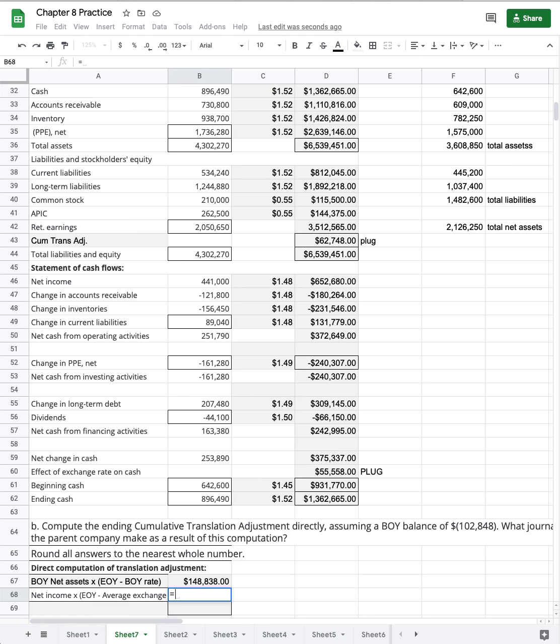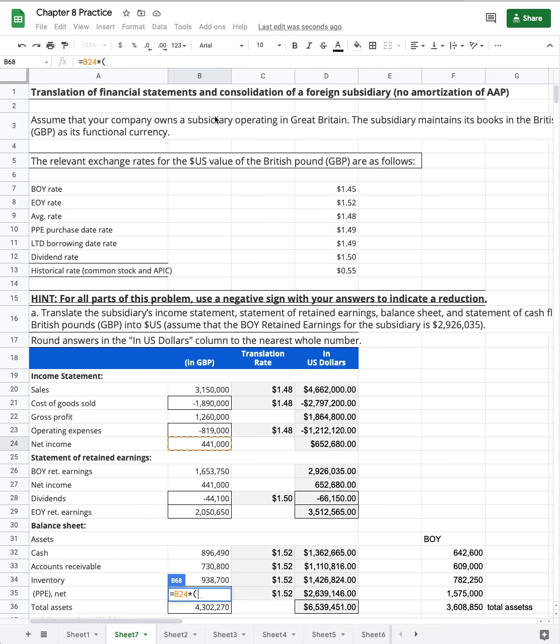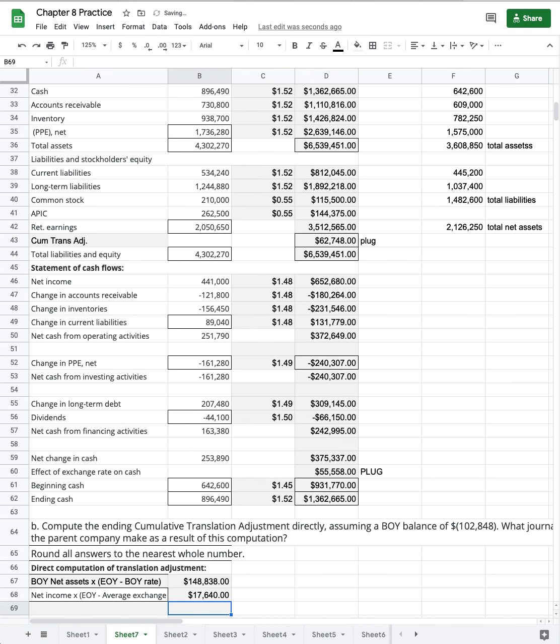So we'll say equals, grab our net income times end of year minus average for 17,640.